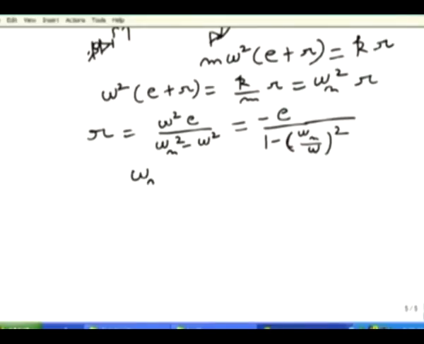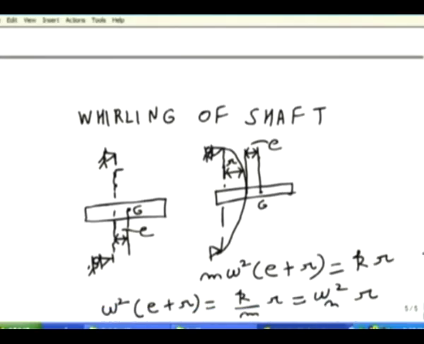However, if omega is much larger than omega n, then omega n by omega tends to 0 and R tends to minus E. In that case, the shaft will bend in the other direction, and this disc will shift.